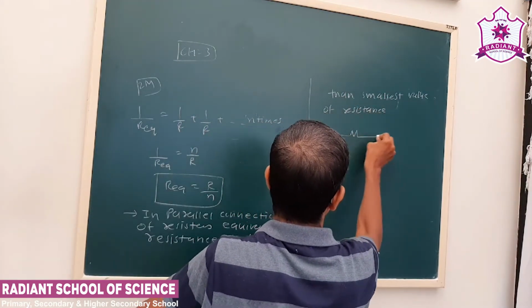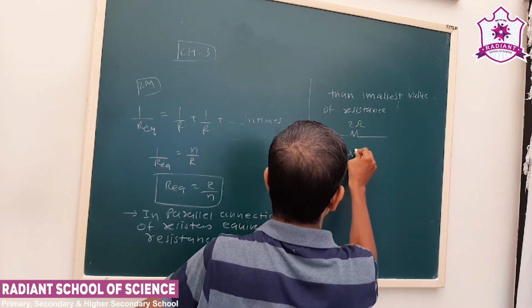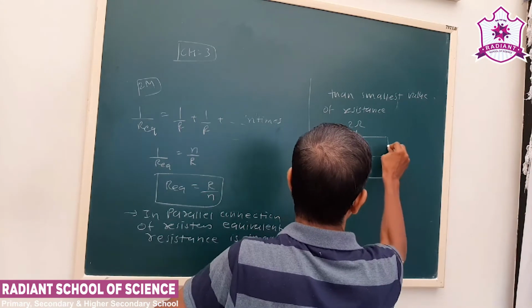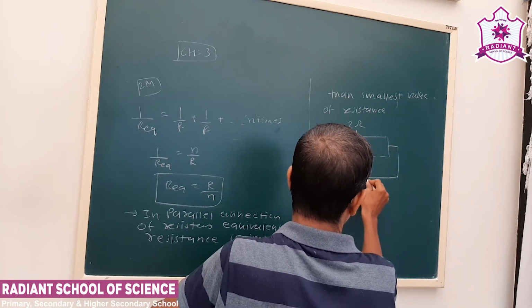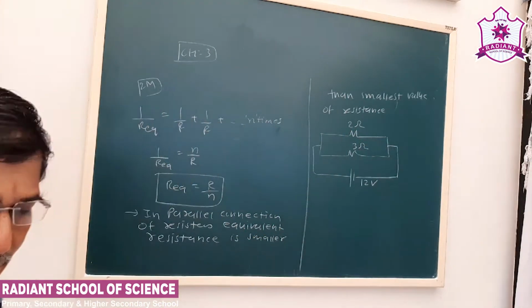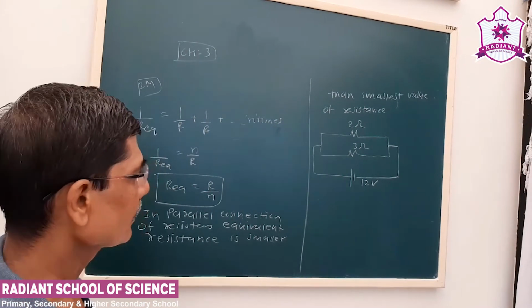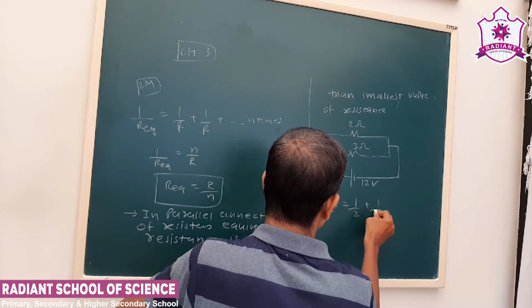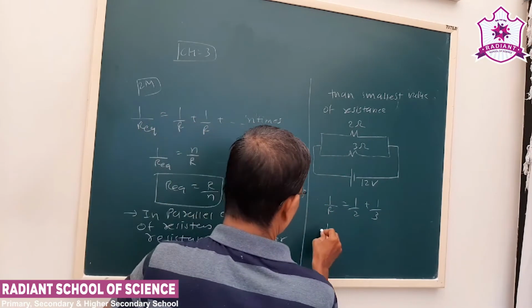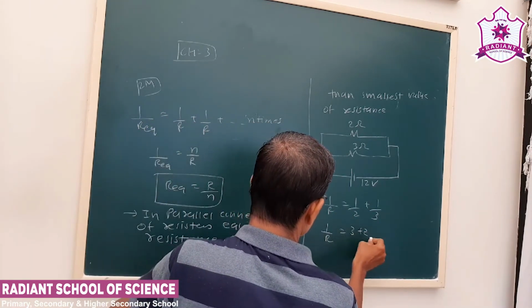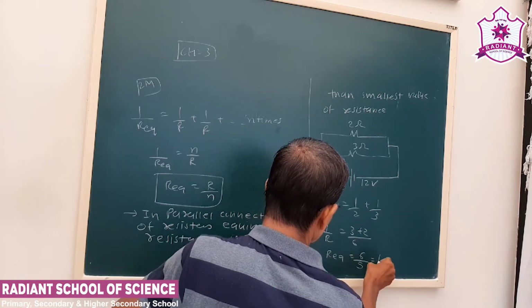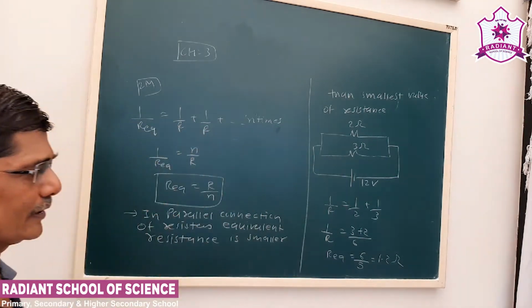Now let us say we take a simple example. Okay, now connect with the 12 volt battery like this. Now we find out equivalent resistance here, 1 upon R. Okay, now cross multiply. See, do not forget to take the reciprocal.